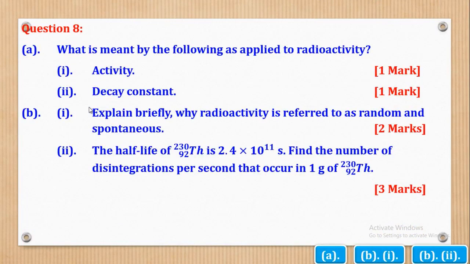So that was question 7. Now we shall go to question 8. So question 8 part A says, what is meant by the following as applied to radioactivity? Roman 1 activity and Roman 2 decay constant.